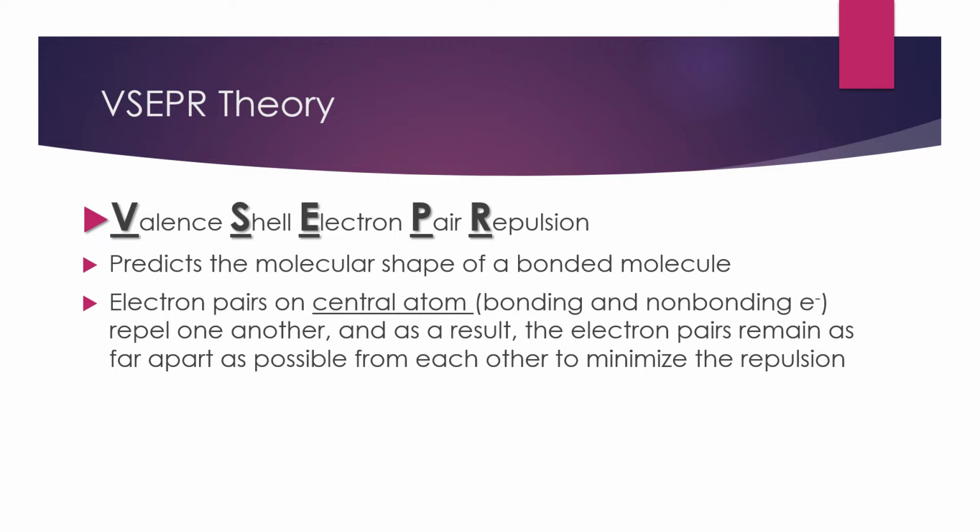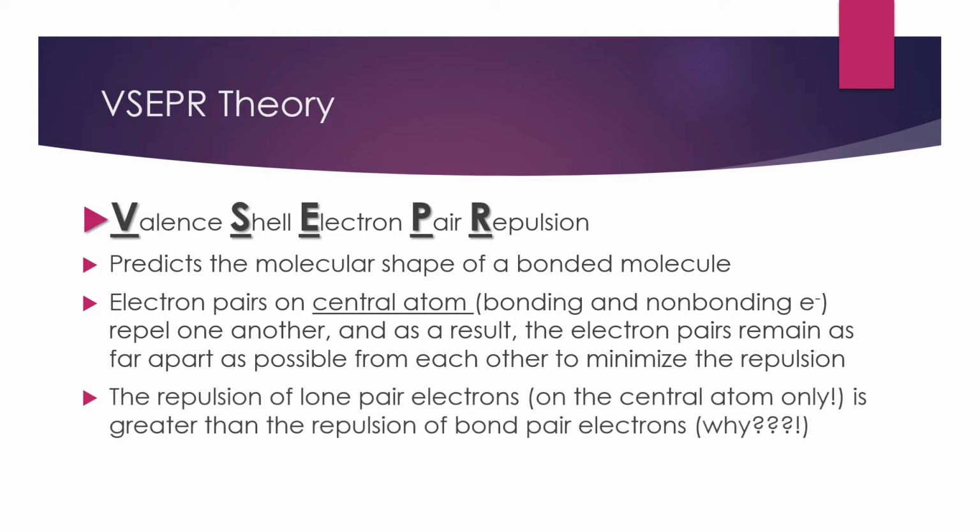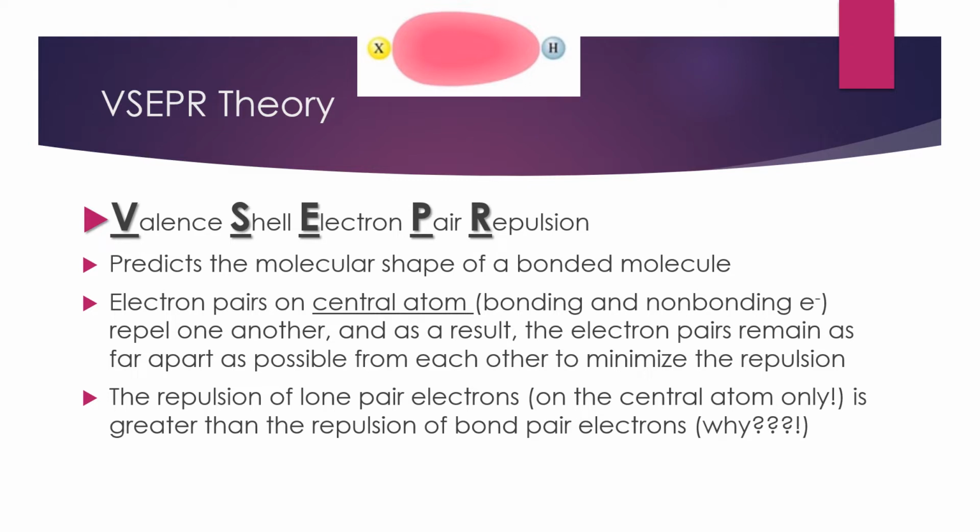Continuing on with lone pairs and bonded pairs. The repulsion of lone pair electrons on the central atom is greater than the repulsion of bond pair electrons. But why? This is an illustration of a bonded pair.